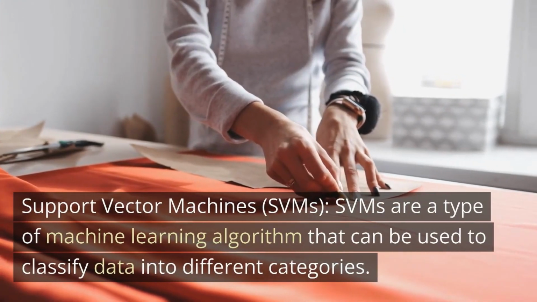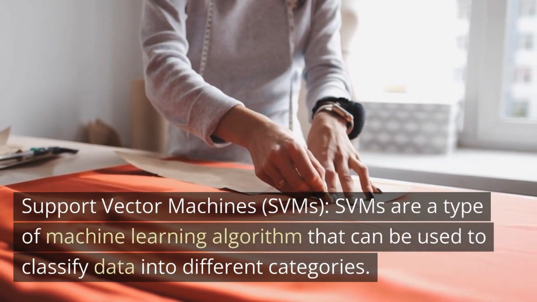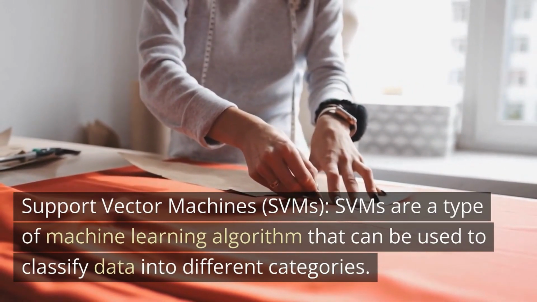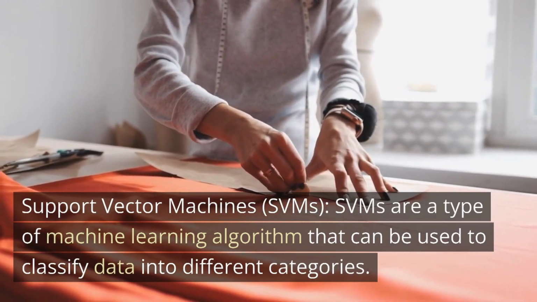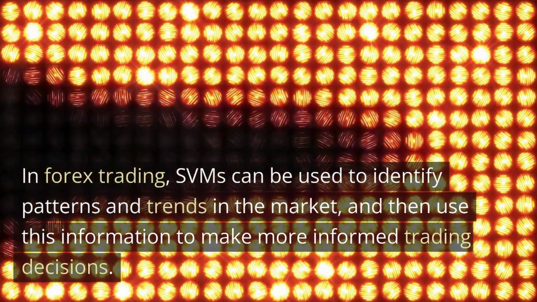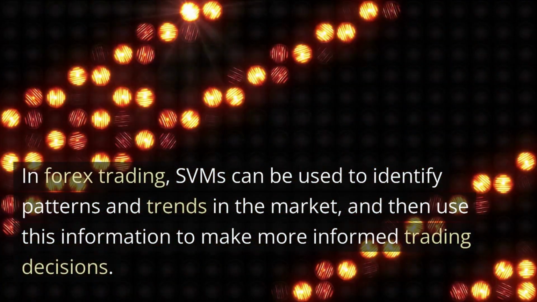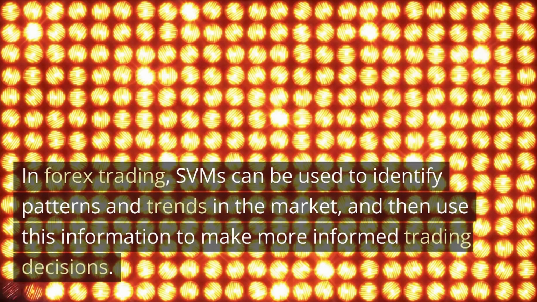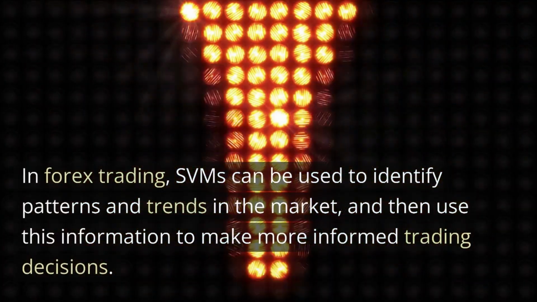Next, support vector machines. SVMs are a type of machine learning algorithm that can be used to classify data into different categories. In FX trading, SVMs can be used to identify patterns and trends in the market and then use this information to make more informed trading decisions.